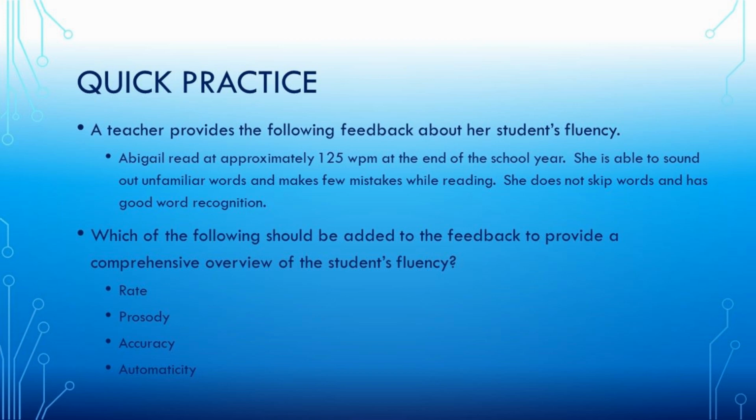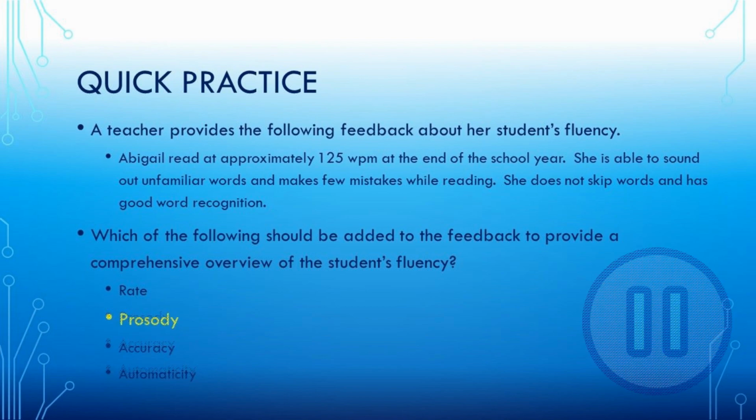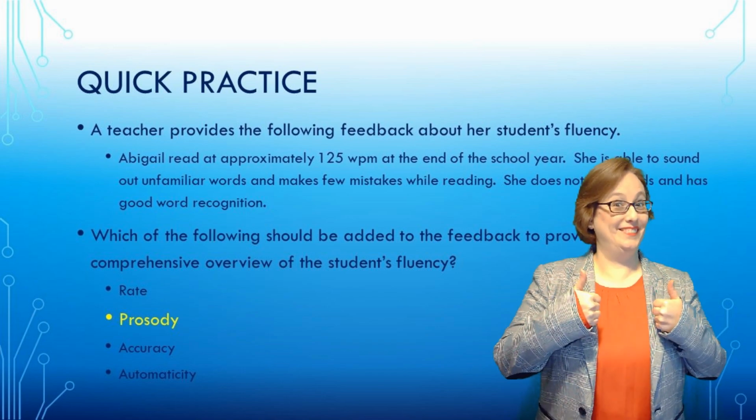She is able to sound out unfamiliar words and makes few mistakes while reading. She does not skip words and has good word recognition. Which of the following should be added to the feedback to provide a comprehensive overview of the student's fluency? The correct answer is prosody. How did you do? Did you get it correct?